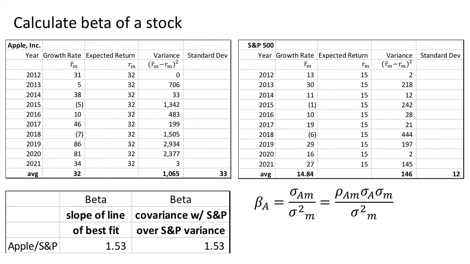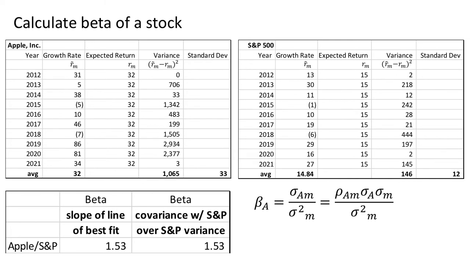The slope of that line will be the beta of Apple Inc. stock. And the beta turns out to be 1.53. There's no units on the beta there. It's just a ratio between the growth rates on the S&P 500 and the growth rates on Apple Inc. What does this beta of 1.53 tell us?